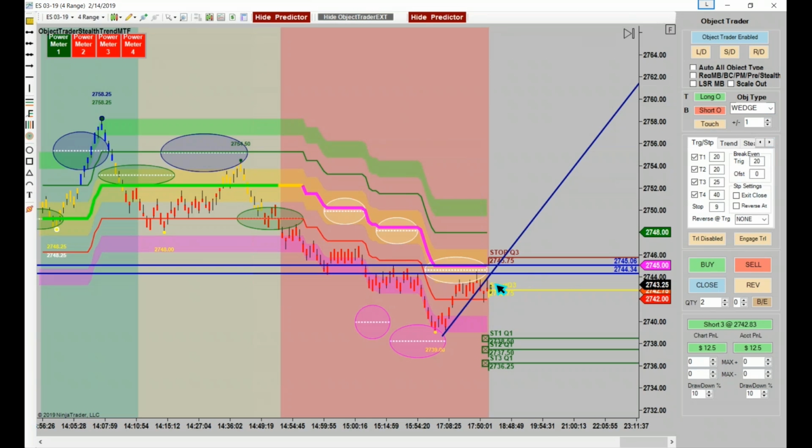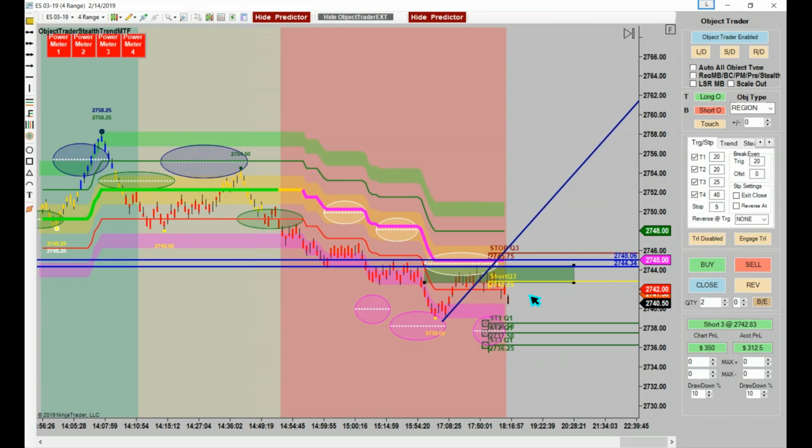Okay, so in other words, let's say I set up my box like this little region. All right, well, it's too late now, but if you would have set up your region somewhere through here, it would have fired, but I would want it to take the wedge trade and the box trade.